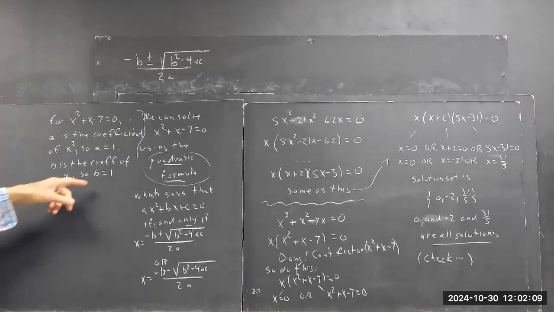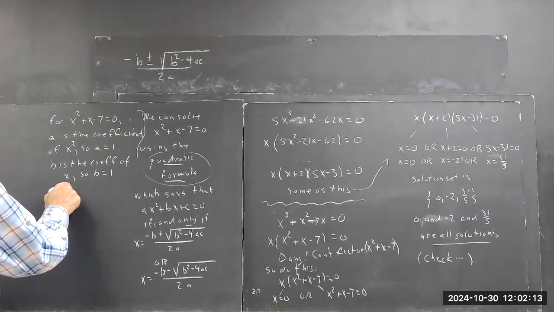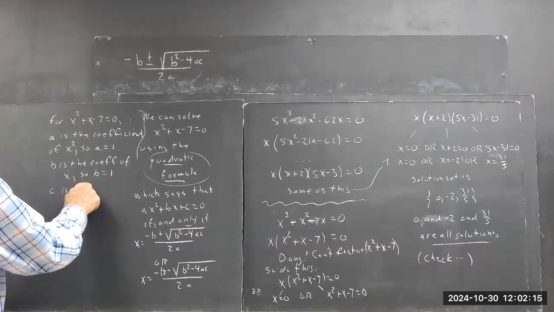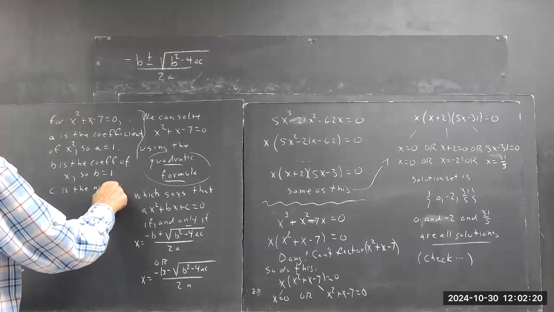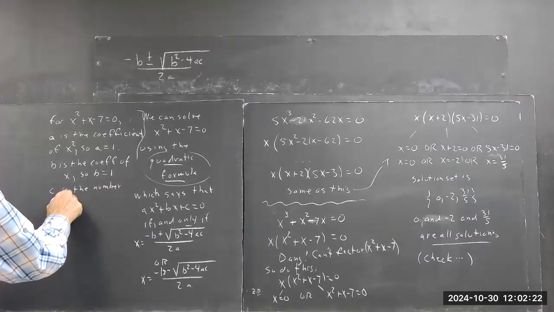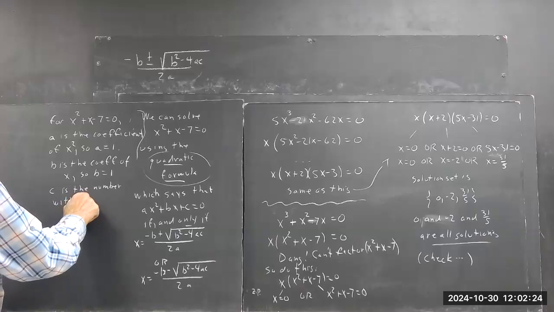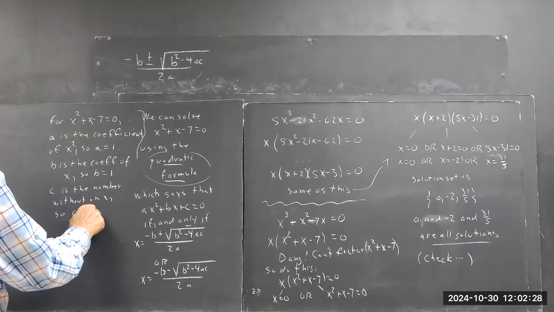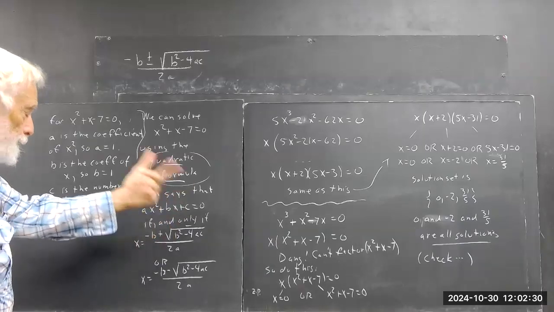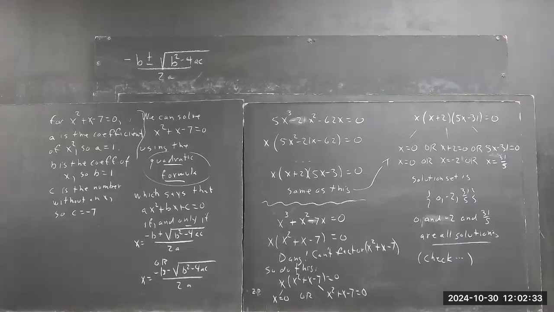B is the coefficient of x, so B equals 1. And C is the number that doesn't have an x on it, so C is -7.